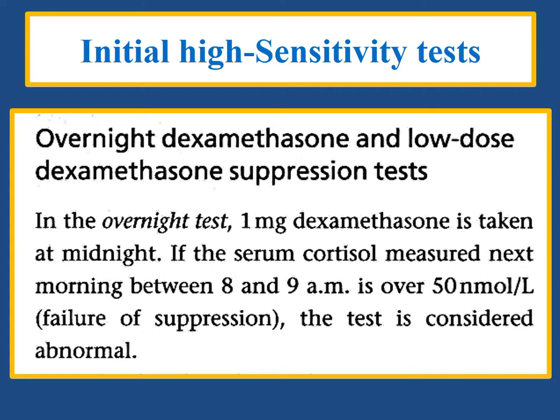If the serum cortisol measured next morning between 8 and 9 a.m. is over 50 nanomole per liter, the test is considered abnormal. It means that there is a failure of suppression with the dexamethasone.